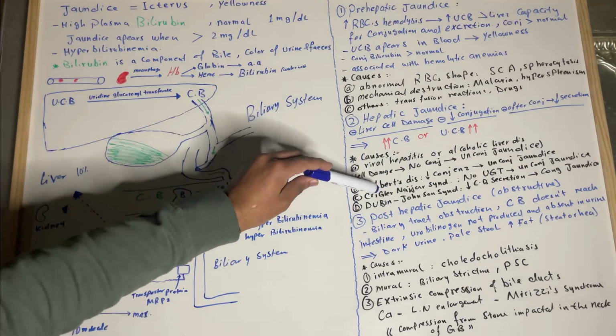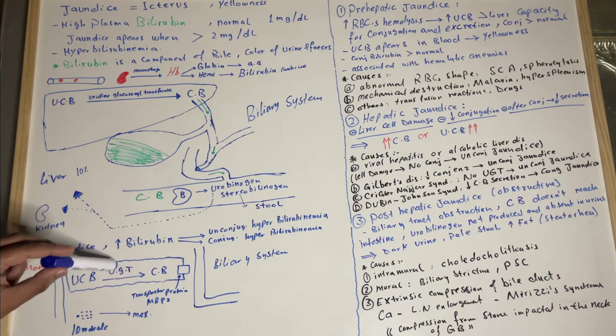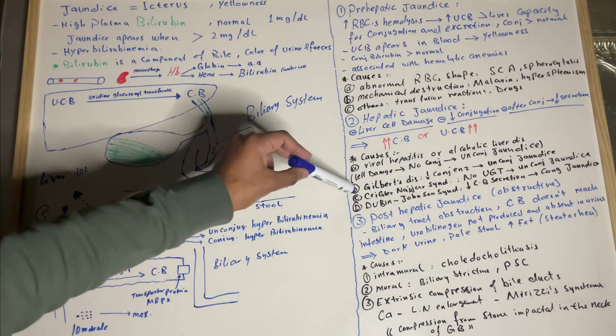In Gilbert's disease, there is decreased activity of the glucuronyltransferase enzymes. Especially, this happens when there is, for example, starvation or infection. The level of unconjugated bilirubin increases, since there is a decrease in the activity of this enzyme.